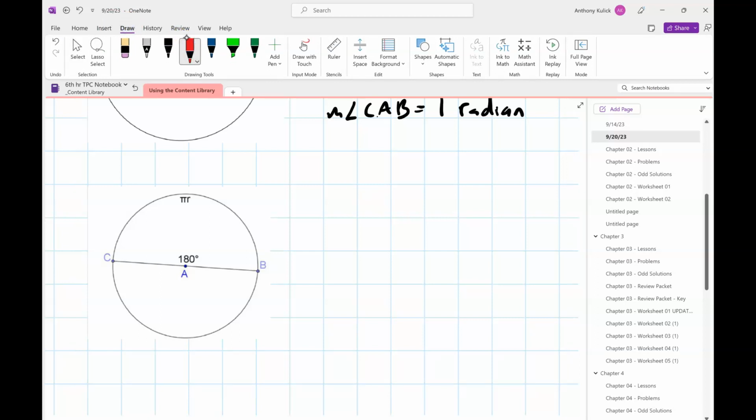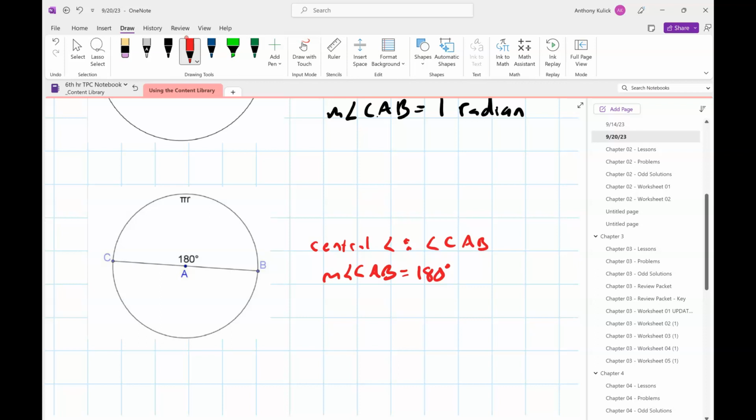In this circle, our central angle is the angle CAB. What's the measure of angle CAB in this picture? 180 degrees, right? It's labeled in the picture, but how else would I know it's 180 degrees? It's a straight line or it's half the circle. Either one of those is fine.